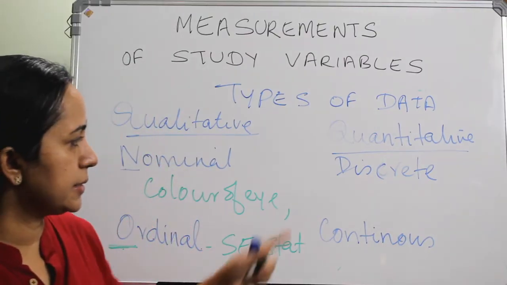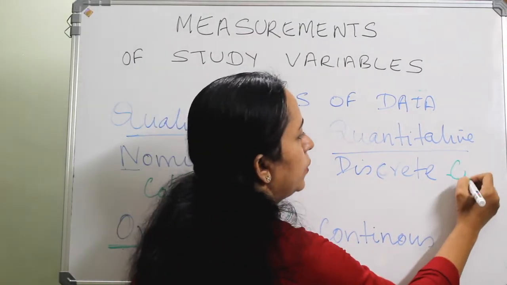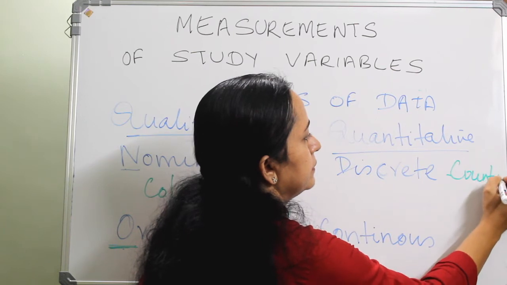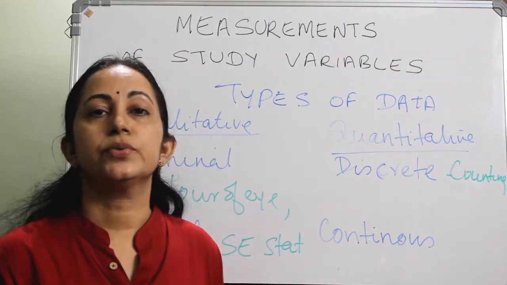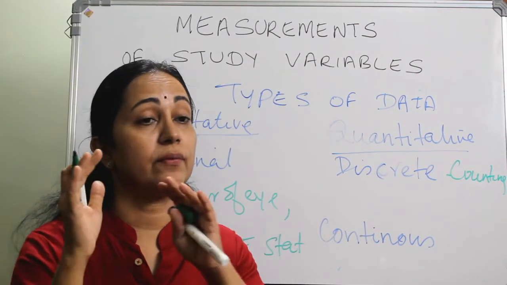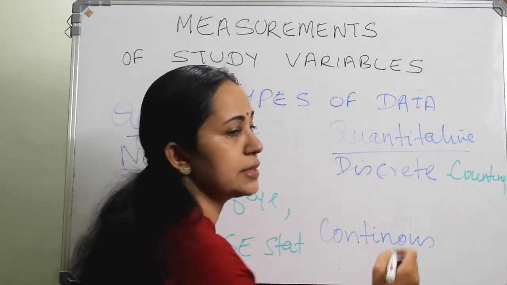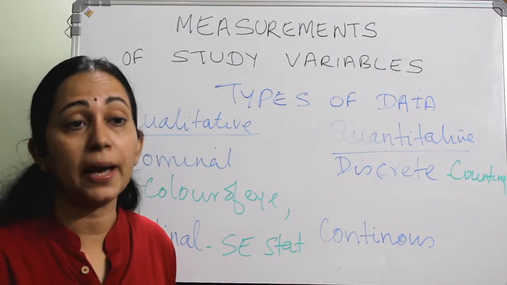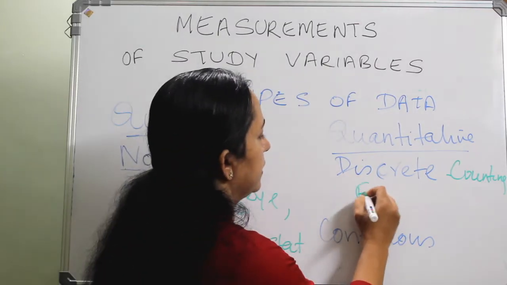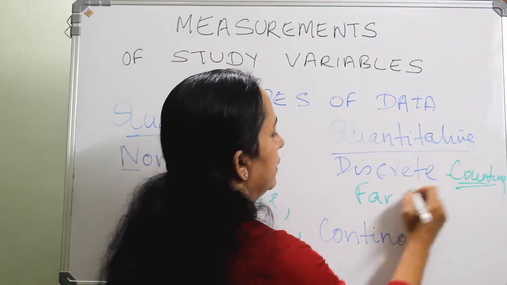Okay, discrete by counting. Example, number of students in a class: 1, 2, 3, 4, we have 120 students in a class, so we can count and tell. Number of students in a class or the family size, parity, all these are examples, we can get it by counting.